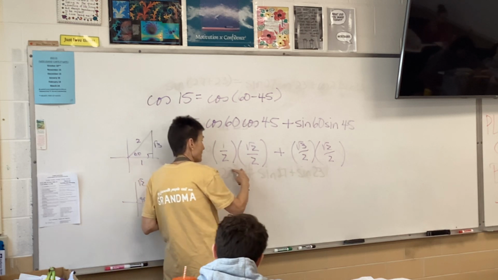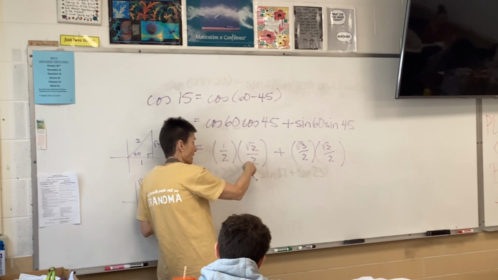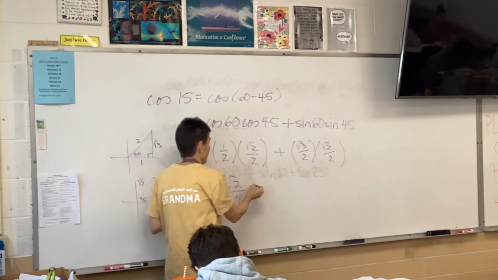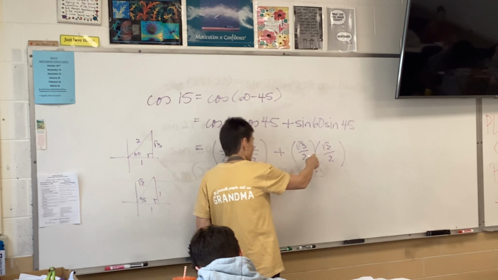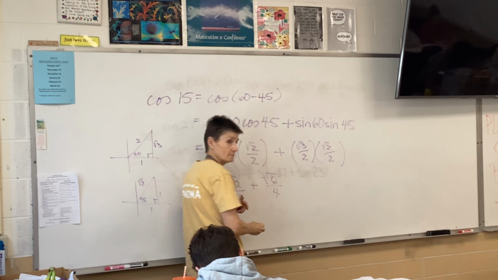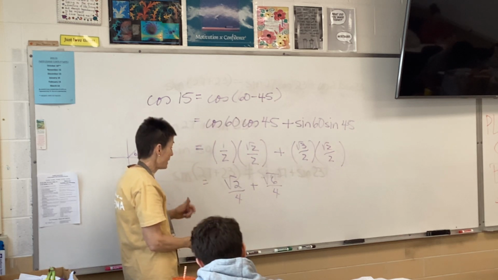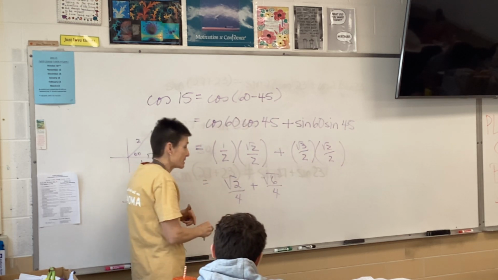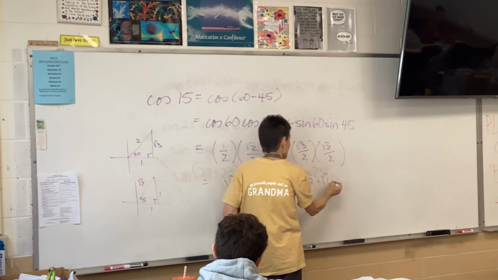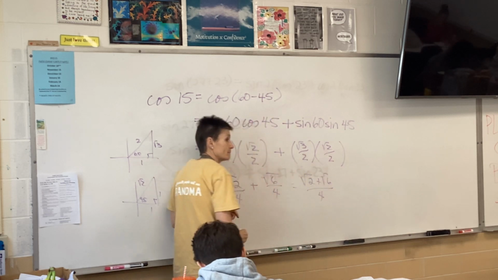Now, these two are being multiplied. So what happens when I multiply these? Root 2 over 4 plus, now these two are being multiplied, root 6 over 4. And wonderfully, they have a common denominator, so I'll just go ahead and say root 2 plus root 6 over 4.